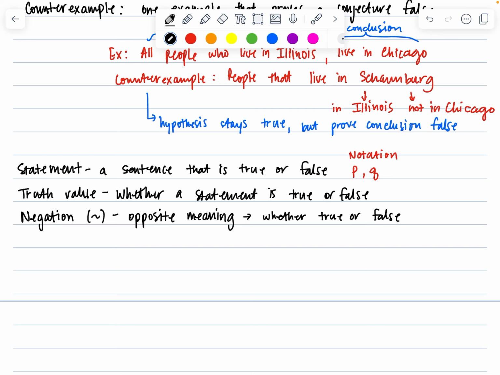Okay, and I want you to write this underneath it. You often use the word not when we're talking about negations.